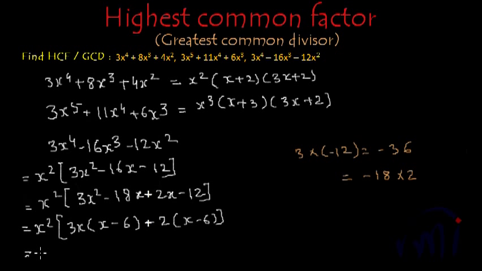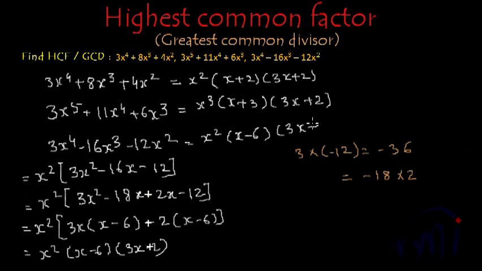And this further can be written as x square multiplied by, from these two terms x minus 6 can be taken common, and inside the bracket we'll be left with 3x plus 2, right? So we have got the factors of the third expression also, and the factors are x square multiplied by x minus 6 multiplied by 3x plus 2, right?